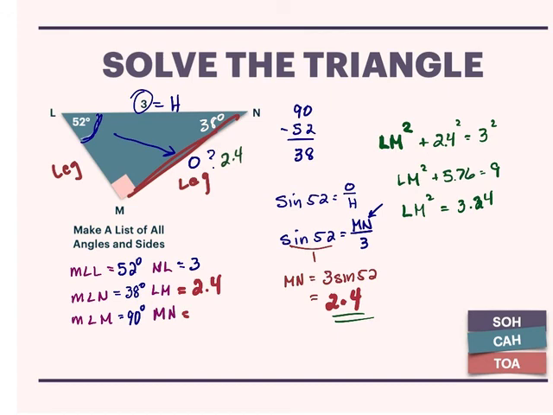So LM is 1.8. I did square root both sides there. Yeah, I labeled these upside down. There we go. 2.4 for MN and 1.8 for LM. And that's it.